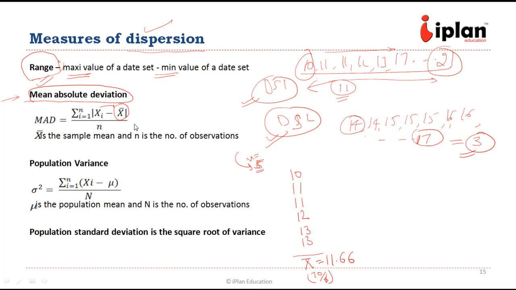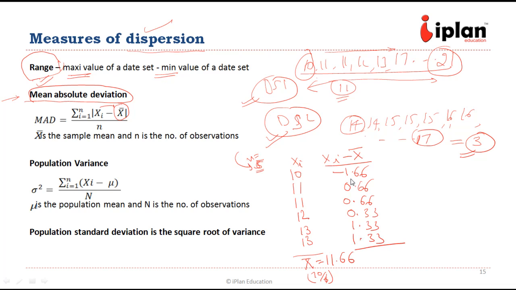Now we need to calculate the deviation, which is xi, these are the values of xi, minus x bar. So xi minus x bar is minus 1.66 in this case, 0.66 in this case, again 0.66. Here 12 minus 11.66 is 0.33. In this case 1.33, again 1.33.